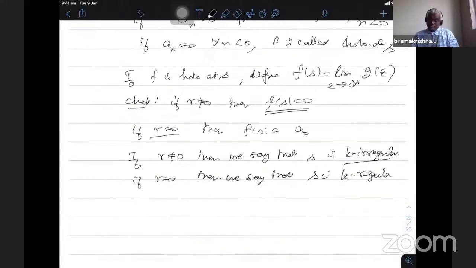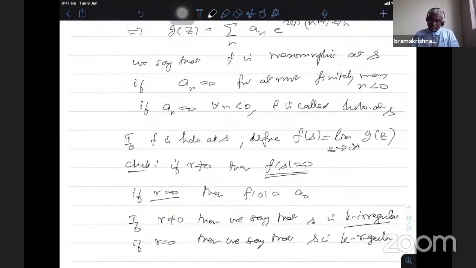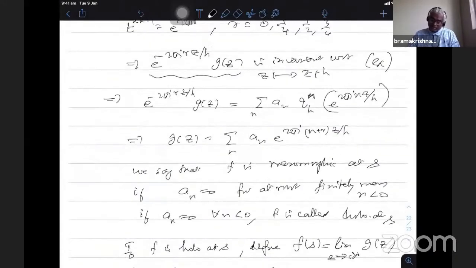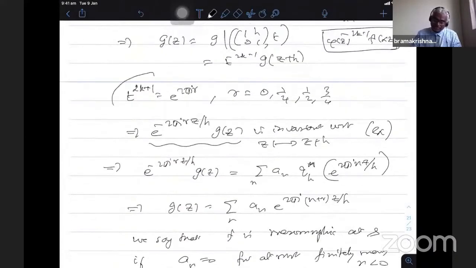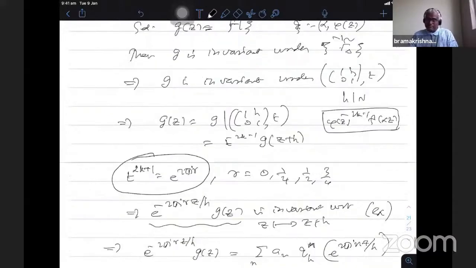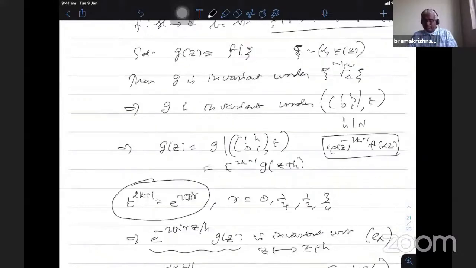Okay, so when you have to compute this r, it is only when r equal to 0, which means t equal to 1. Therefore when you compute this calculation for any cusp s for gamma 0 n in the case of arc integral rate, unless t equal to 1, it is an irregular cusp.